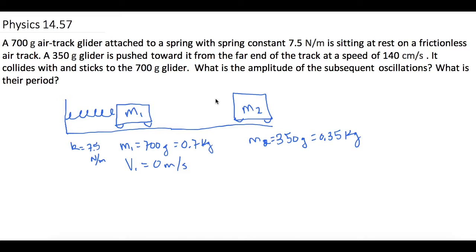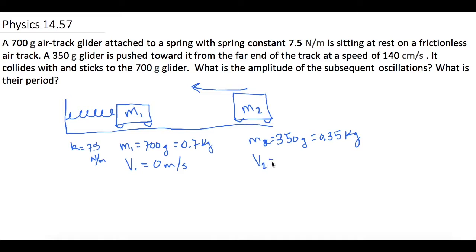Okay, so then they say M2 slides over and pushes the first mass, or the first glider, and the spring, and compresses the spring some distance. And then it asks, what is the amplitude of the oscillations, and then what is the period?